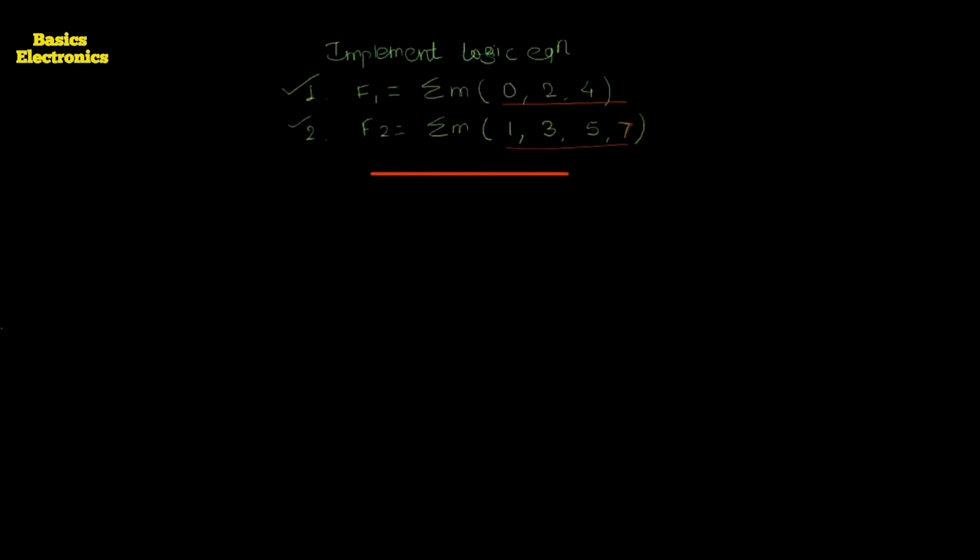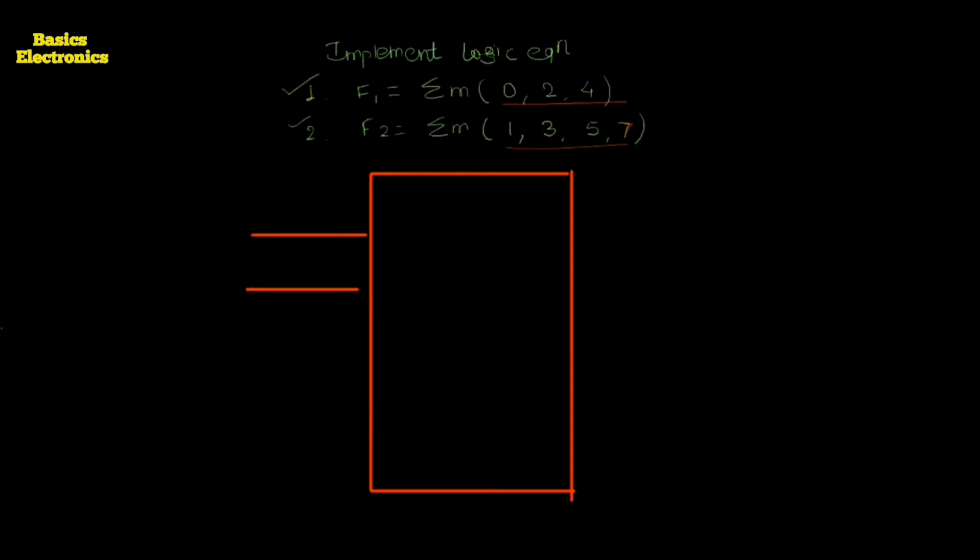Then, after drawing the symbol, we require to connect the given lines. Here the 3 lines we apply, and these lines are A, B, and C. These are the inputs for demultiplexing.